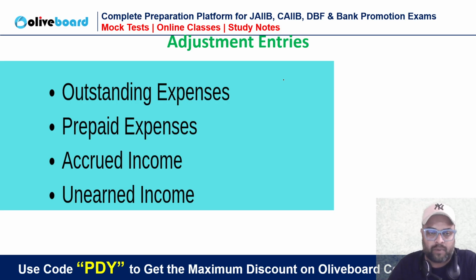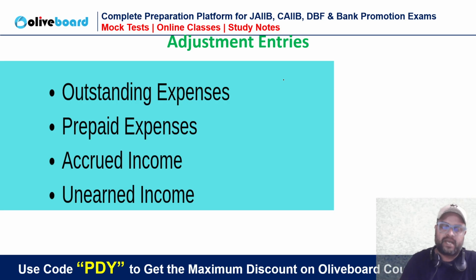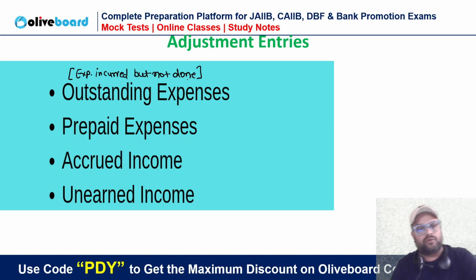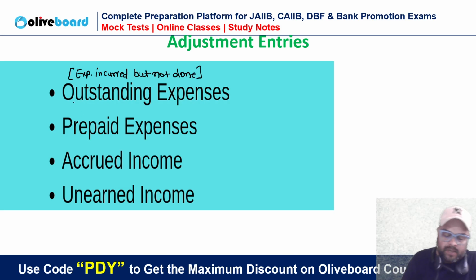What they actually ask from you in the exam out of this is very important. See, outstanding expenses means what? Expenses incurred but not paid. This is called outstanding expenses. Prepaid expenses means what? Expenses paid in advance.